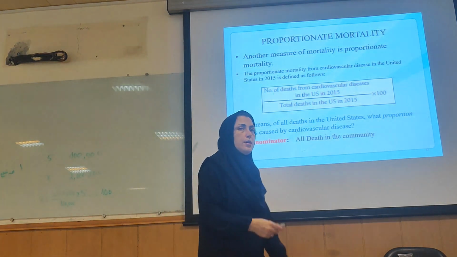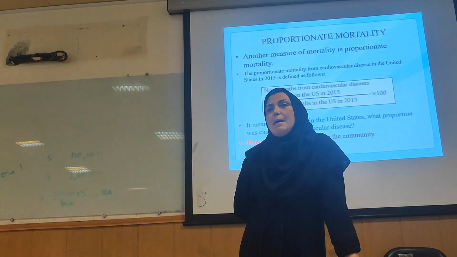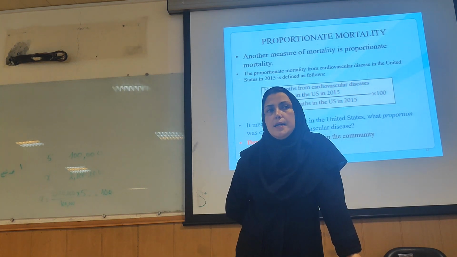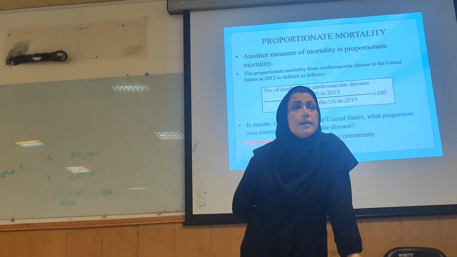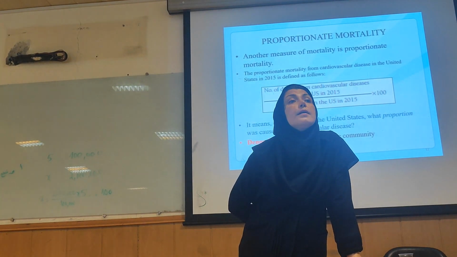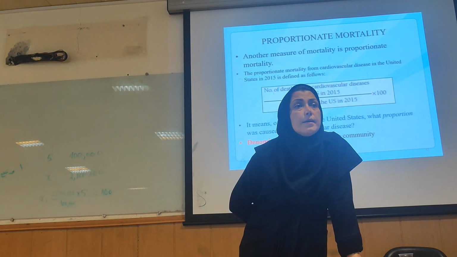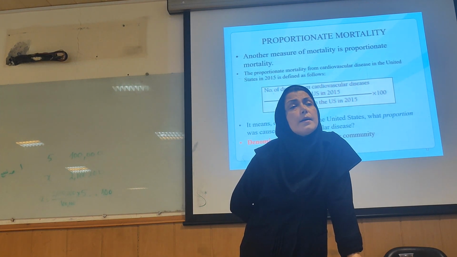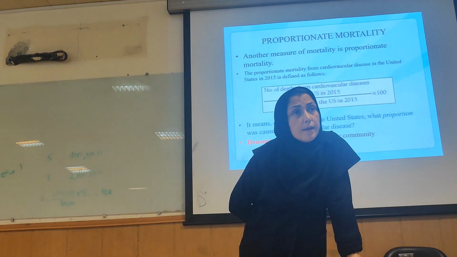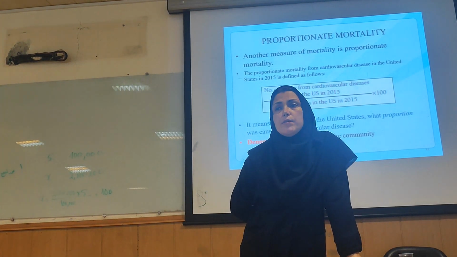Could you make an example for proportionate mortality? For example, in Iran, you said yesterday that the highest cause of death was traffic accidents. So the way they figured this out was seeing how many people in Iran died last year, and then comparing to how many people died last year from traffic accidents. Very good.